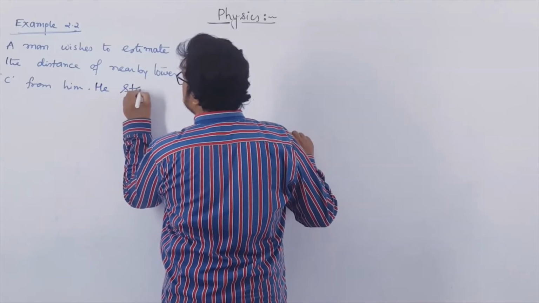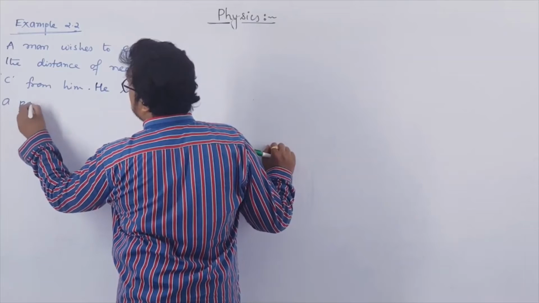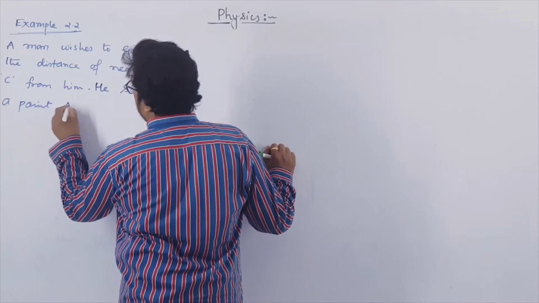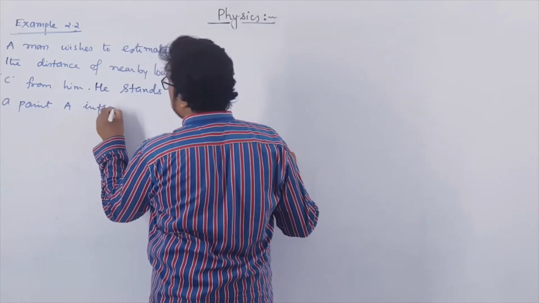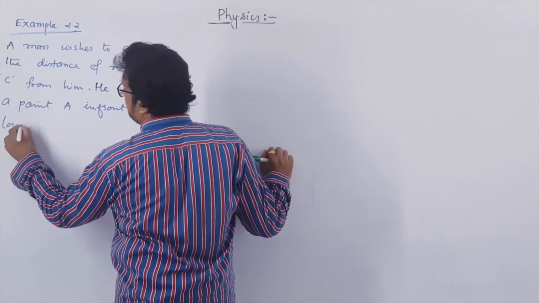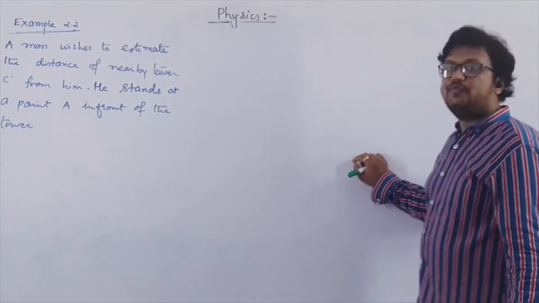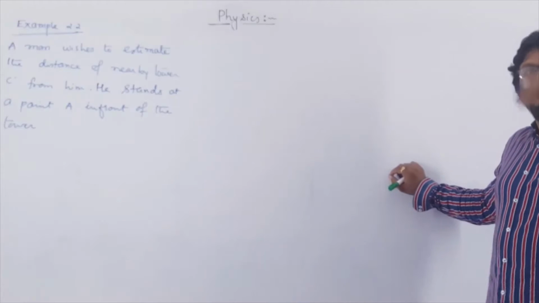He stands at a point A in front of a tower C and spots a very distant object, let us say O. Let us say he is observing the moon from that point, in the line of sight along with the tower.